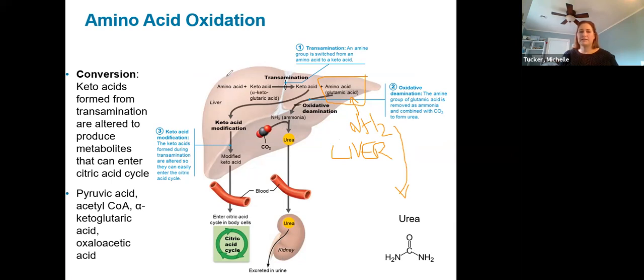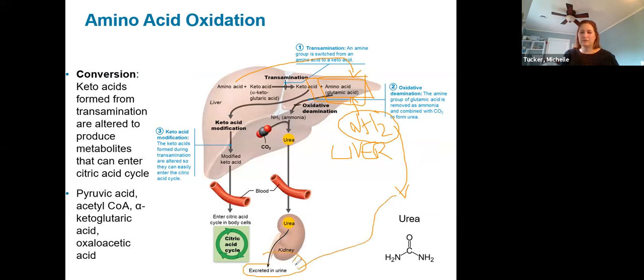So amino acids, via keto acid, donate their amino group to glutamic acid. At the liver, glutamic acid donates the amino group to the formation of urea, which is then excreted in the urine.